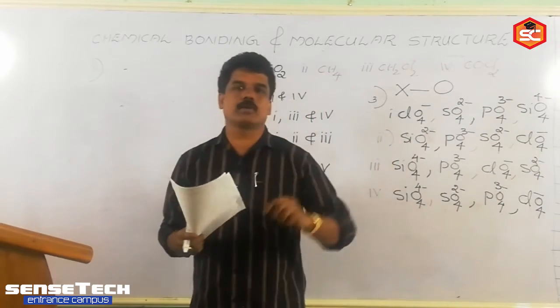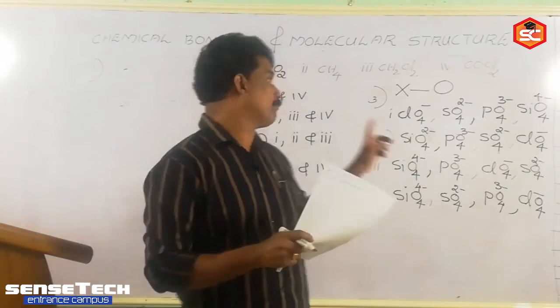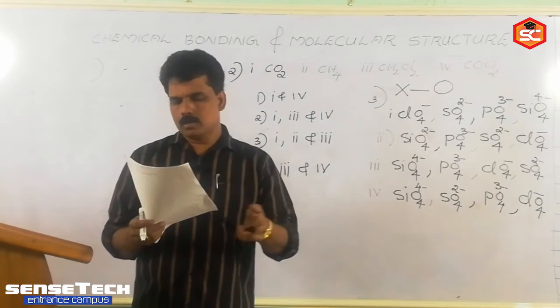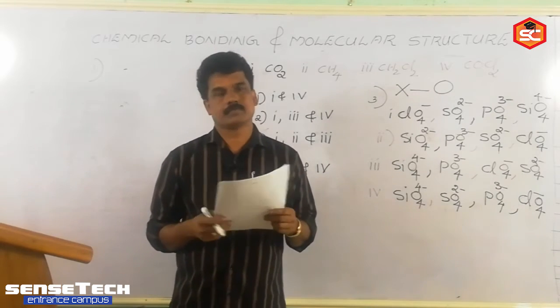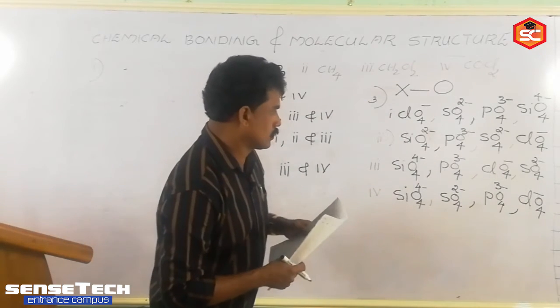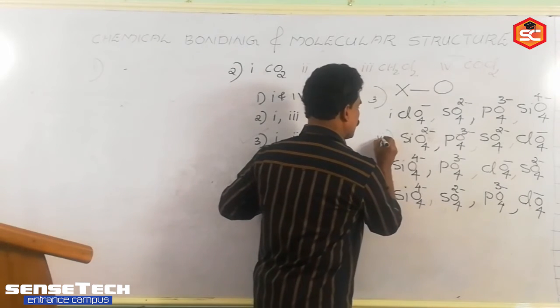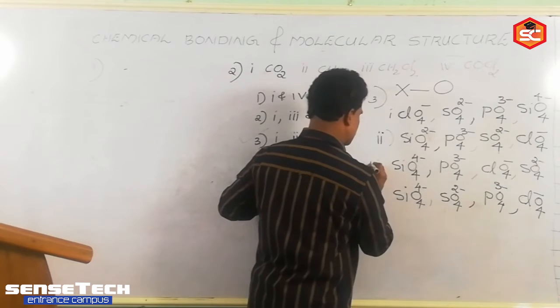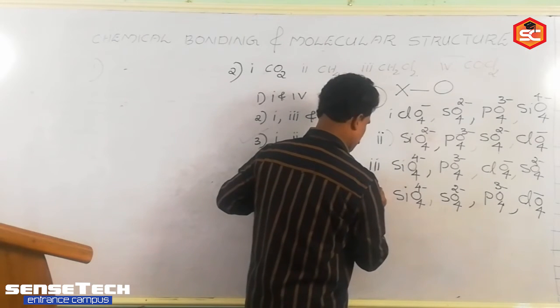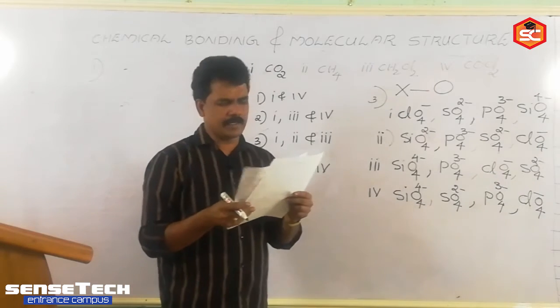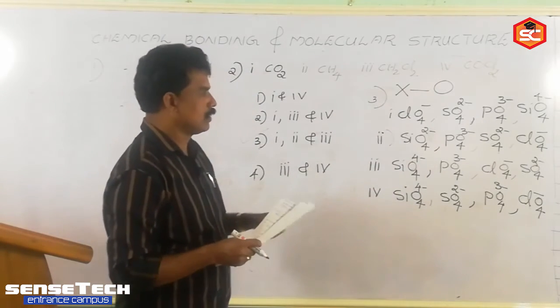Oxygen has an electronegativity of 3.5, and you have to check the combined atom. The more the electronegativity difference, the less the bond length. So based on the electronegativity difference we have to consider. Arrange them in decreasing order of their bond length.